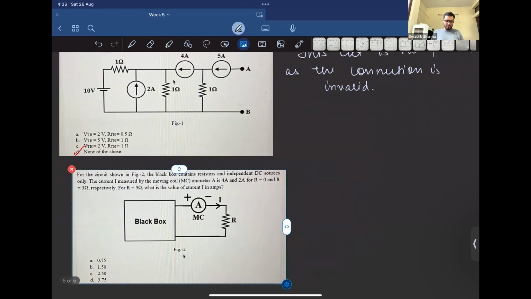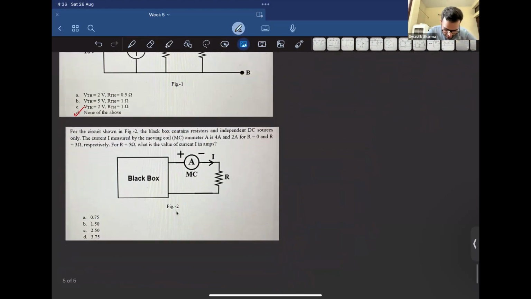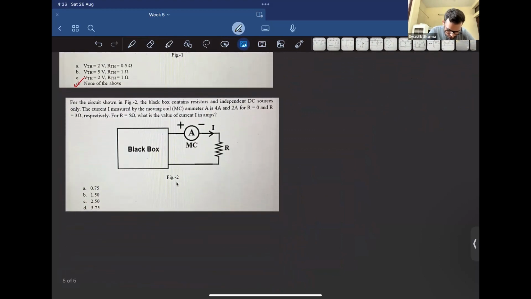Okay, now we'll solve this question. Any idea how we can solve this? We take the load and remove it, replacing it with a different circuit, and then we can move forward accordingly. So we can reduce the circuit into its Thevenin's form, right?